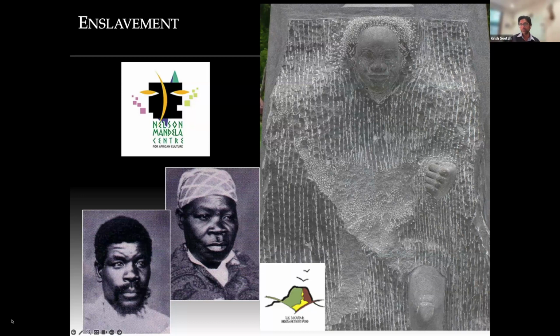We're working with the Nelson Mandela Center for African Culture, which does a fantastic job of centralizing the efforts and the contribution to Mauritian culture: Sega, our music, our language, Creole, and the only religious practice, the only spiritual system that evolved in Mauritius itself, are all elements that have evolved from the period of enslavement and adopted other facets into that. And I'll spend a little bit of time on that now.